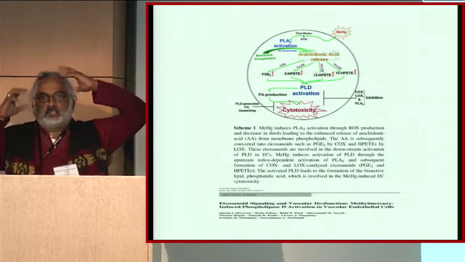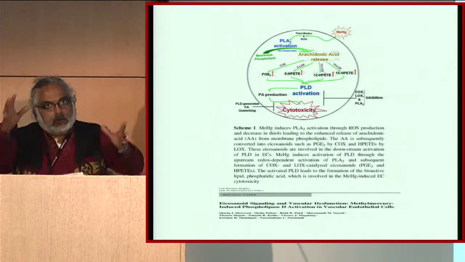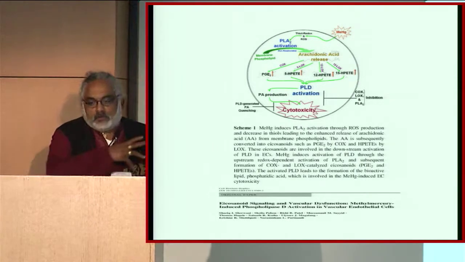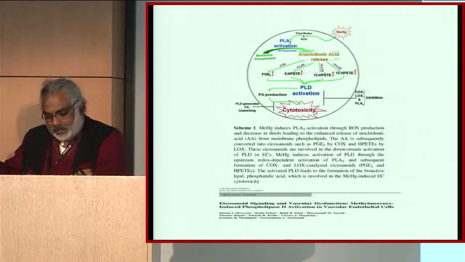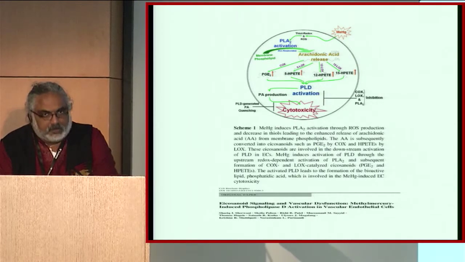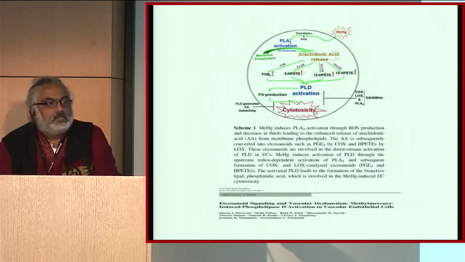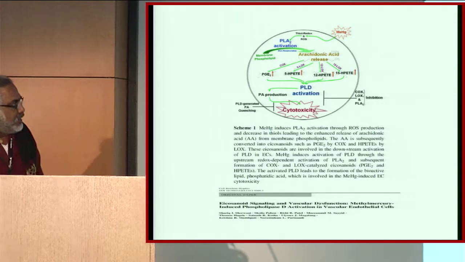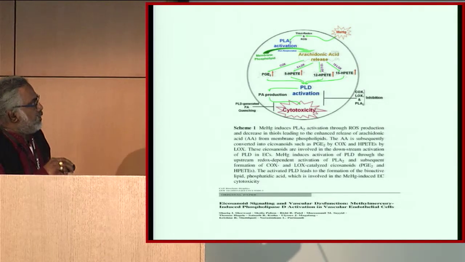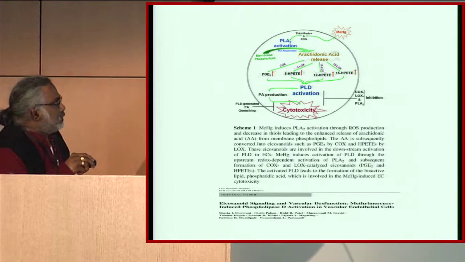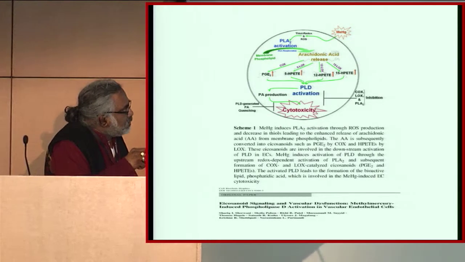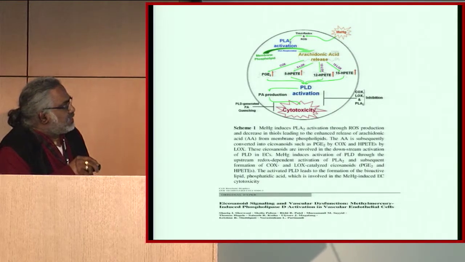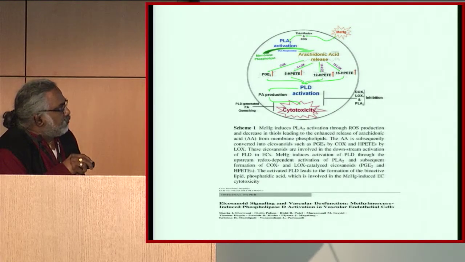One of the things we were interested in is whether two lipid enzymes in the metabolome talk to each other. Previously we were only interested in the kinases and other things, and we thought maybe phospholipase A2 talks to phospholipase D. In a cellular system, if you activate phospholipase A2, arachidonic acid is released, and eicosanoids like prostaglandins and lipoxygenase metabolites are formed.